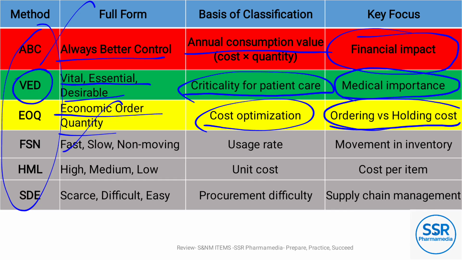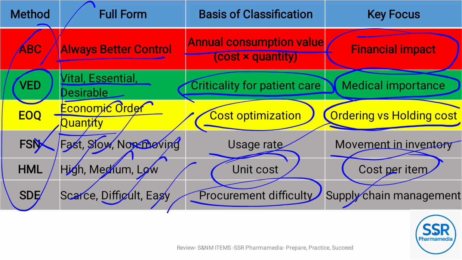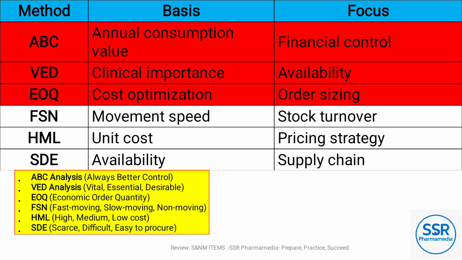FSN, fast, slow, non-moving. Today we have discussed this. So basis of classification is usage rate and key focus is movement in inventory. HML, high, medium, low. So unit cost, key focus is cost per item. SDE, scarce, difficult, easy. So procurement difficulty, supply chain management. So this also we have seen in previous video. ABC is annual consumption, financial control. VED is clinical importance, availability.